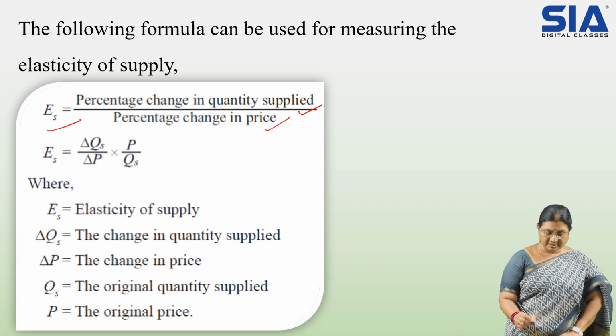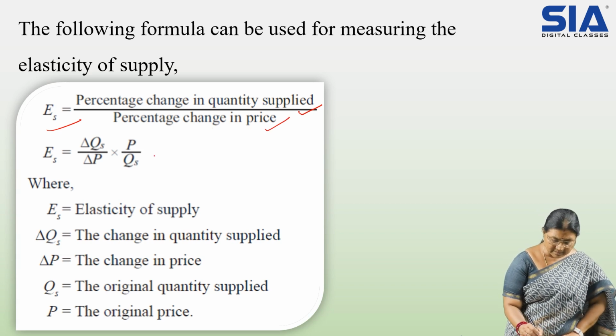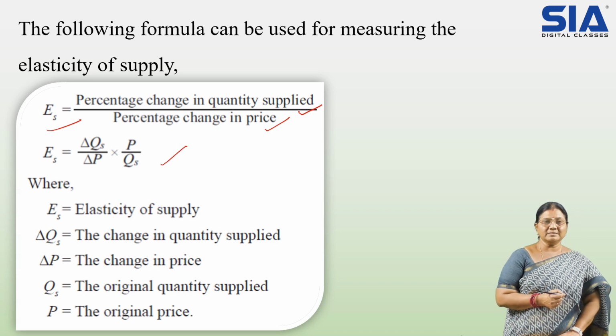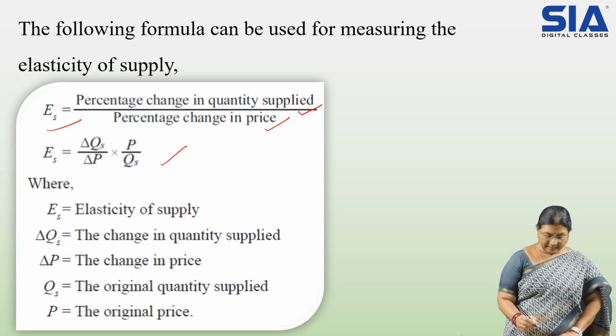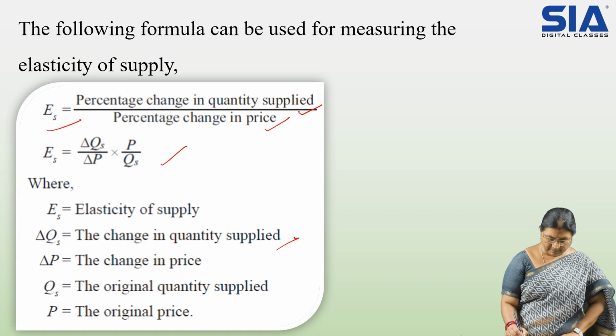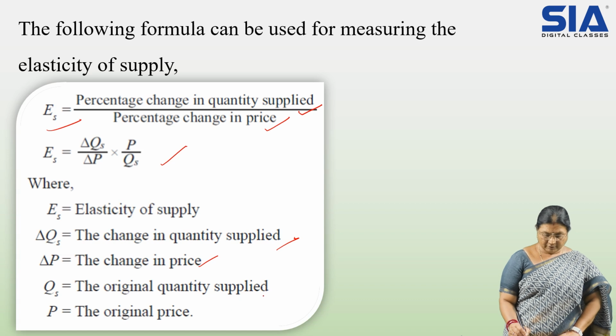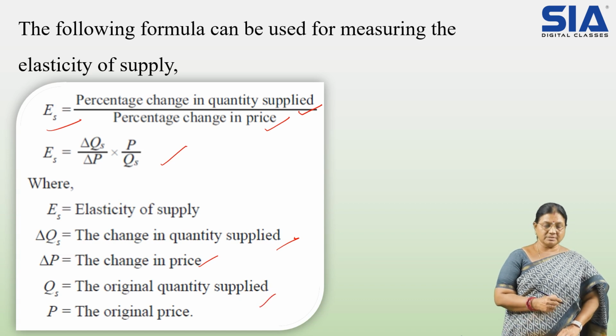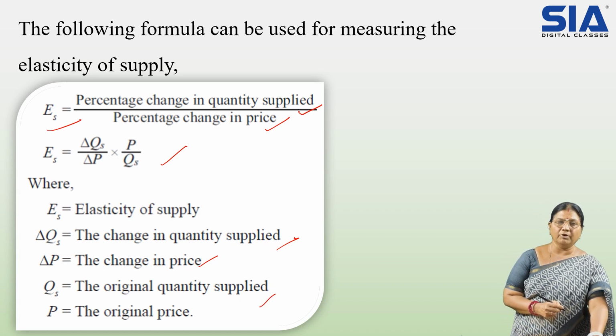The same thing is denoted as delta QS by delta P into P by QS, that is, the change in the quantity supplied over the change in the price, into price by quantity supplied.